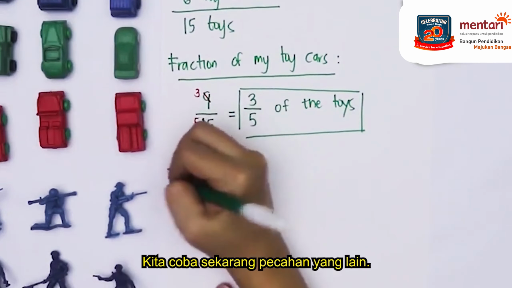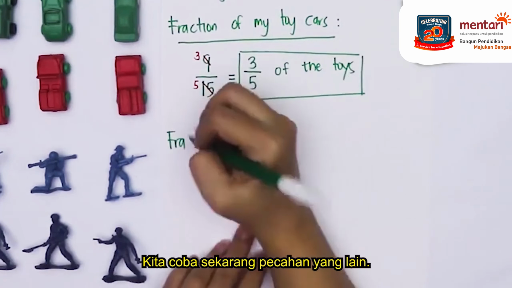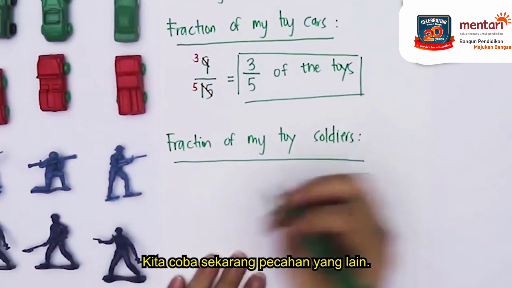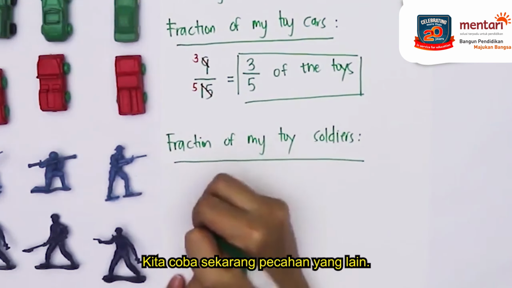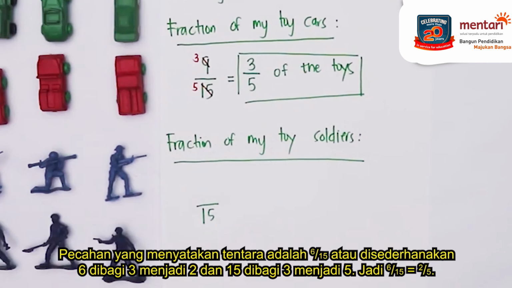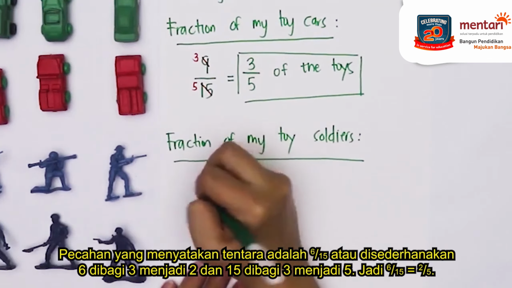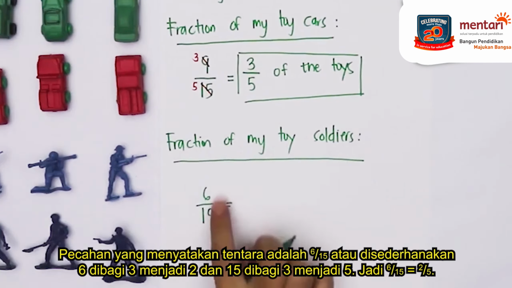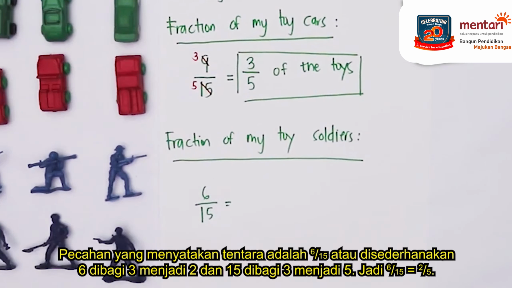Let's try the fraction of my toy soldiers. Again, keep in mind the denominator. What number is it? 15. How many toy soldiers do I have? 6. As you can see, 6 and 15 can still be put in simplest form. Can you tell me what number we can divide both of them by?